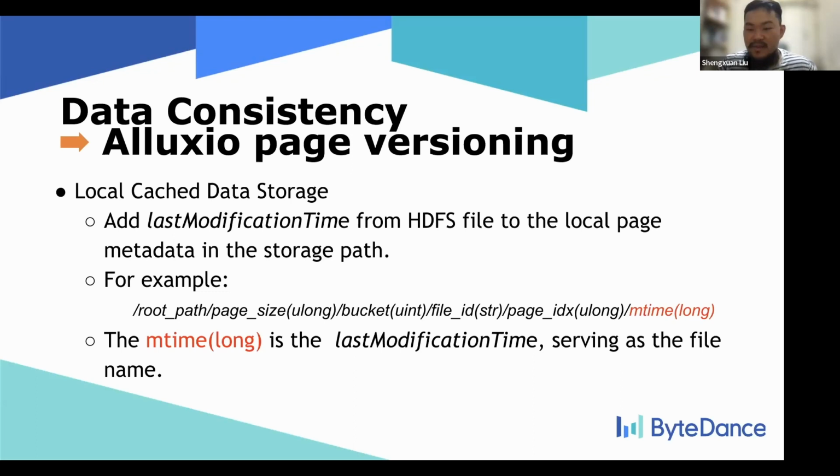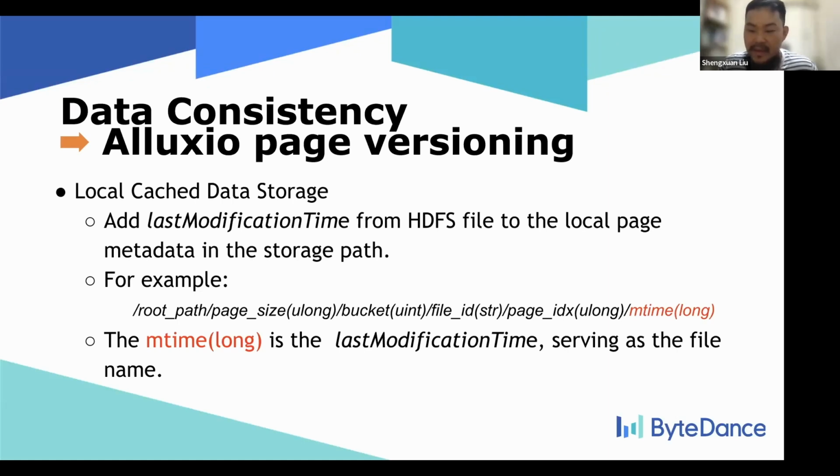This problem introduced an inconsistency between the HDFS files and the local cache files. To resolve this data consistency issue, we introduced Alluxio's page versioning strategy. We use the last modification time from the HDFS metadata to determine if the cache is up to date. In the naming of the cached files, we add one more element into the cache storage path. As you can see in this example, the storage path is very meaningful because it contains a lot of Alluxio Local Cache metadata.